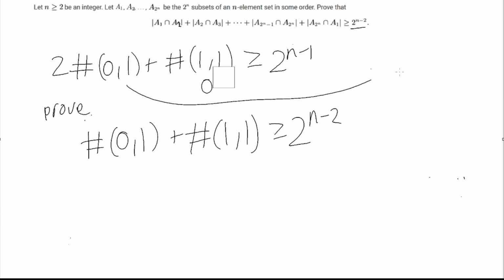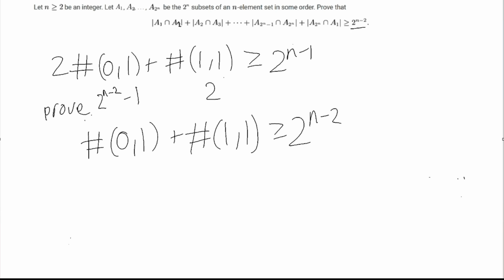Okay, so what happens if this one here is equal to 1? Then we know that this one is still greater than or equal to 2 to the n minus 2, and we still get that. So now let's try an interesting case where this one is equal to 2. Then we have this is at least 2 to the n minus 2 minus 1 if you do the math.